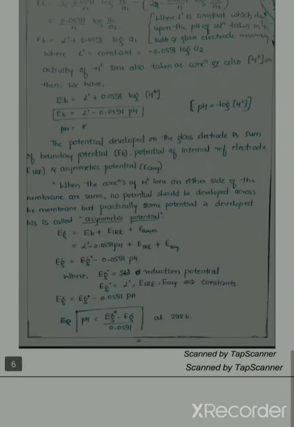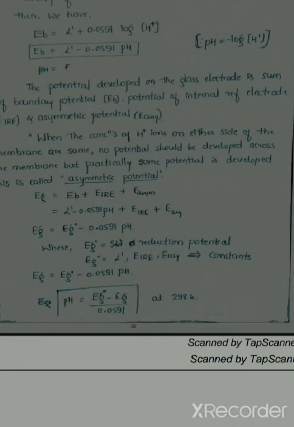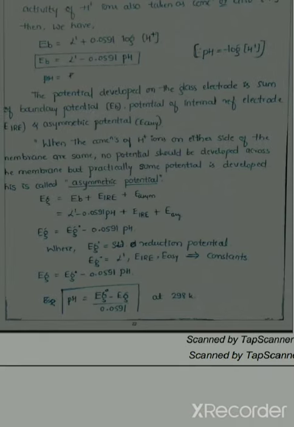Okay, in the next step, we are going to study the next two concepts: the potential developing due to the internal reference electrode, and the asymmetric potential. See here, the potential developed in the glass electrode is the sum of three potentials.